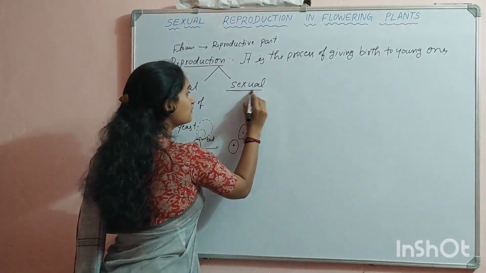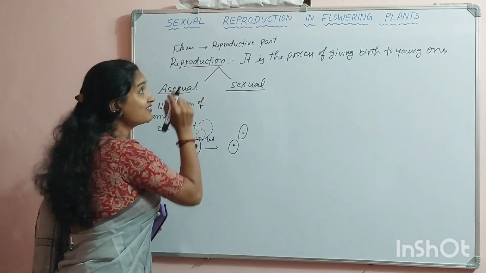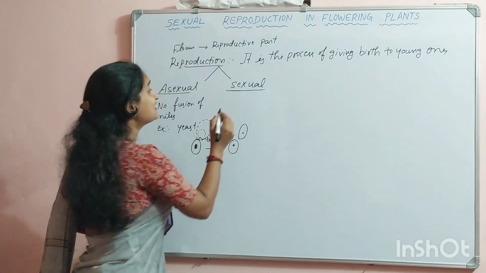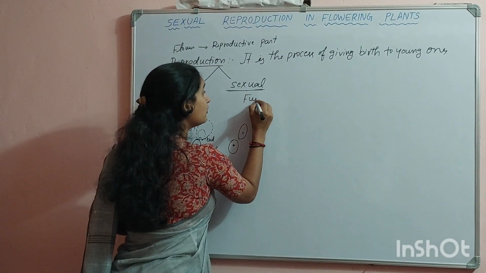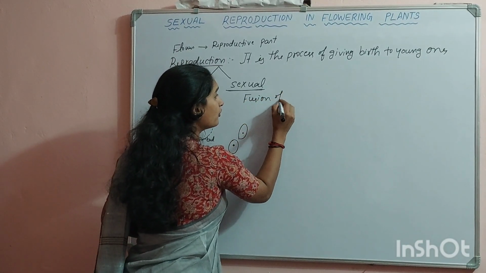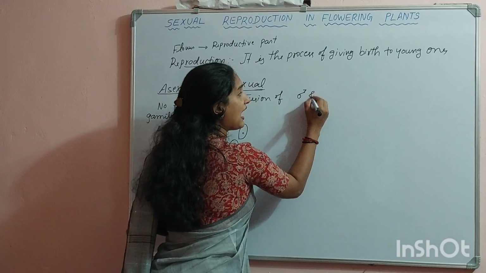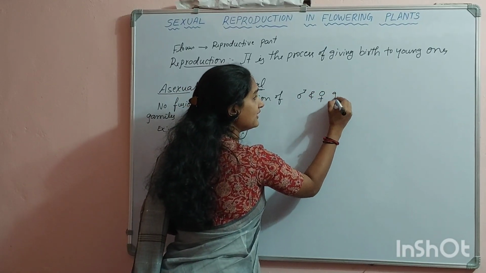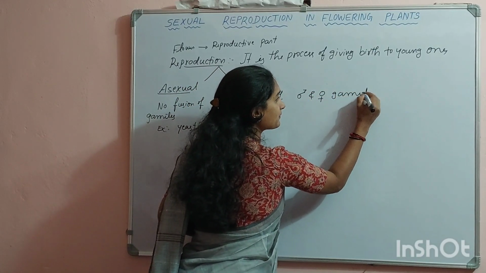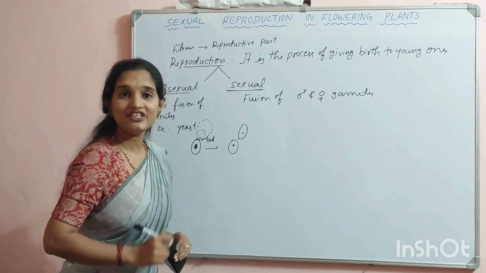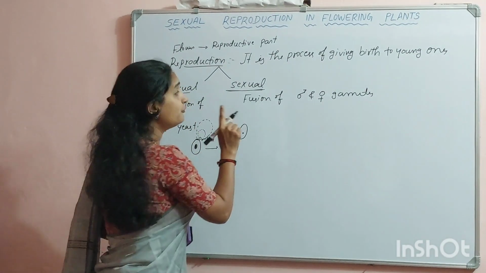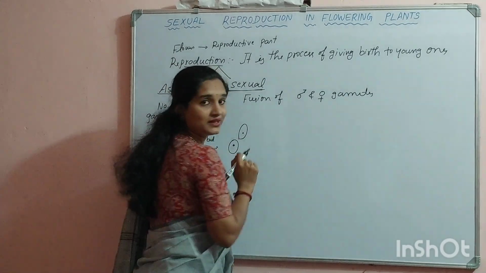So next let us move to the sexual type. It is our today's concept. Sexual type of reproduction: here we see the fusion of male and female gametes. In sexual reproduction, the new individuals are formed with the fusion of male and female gametes.